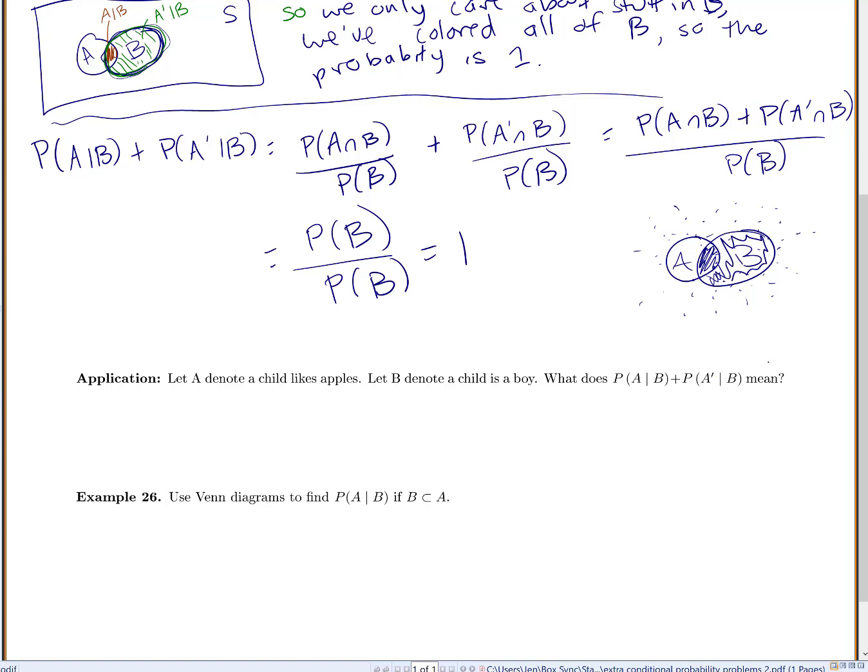More logically, A means the child likes apples, so A complement is the opposite of that: the child does not like apples. So what does this mean in English?